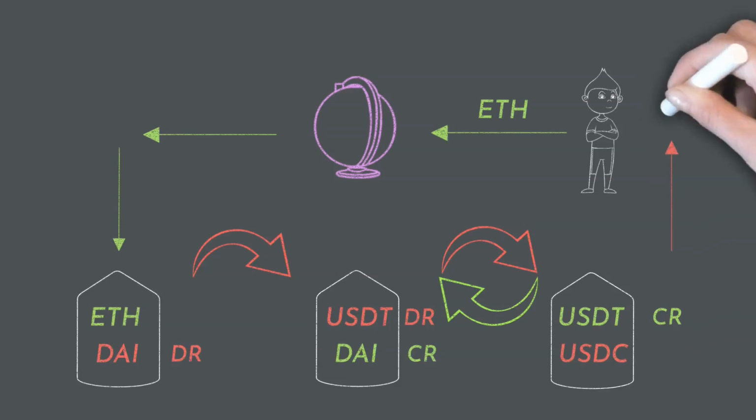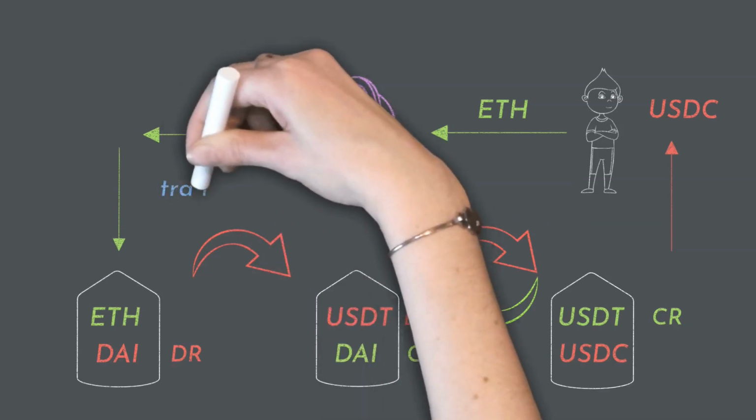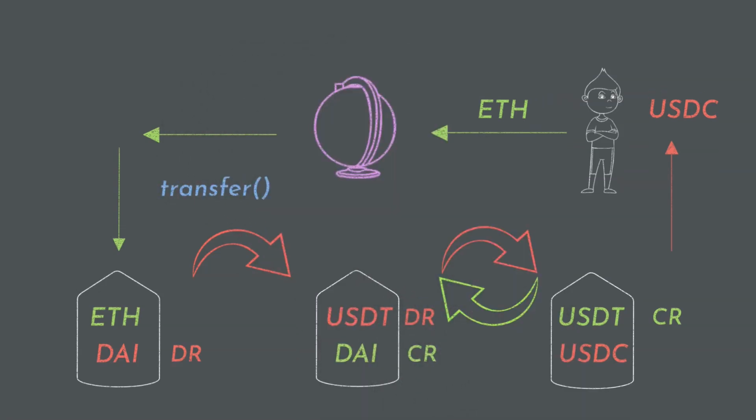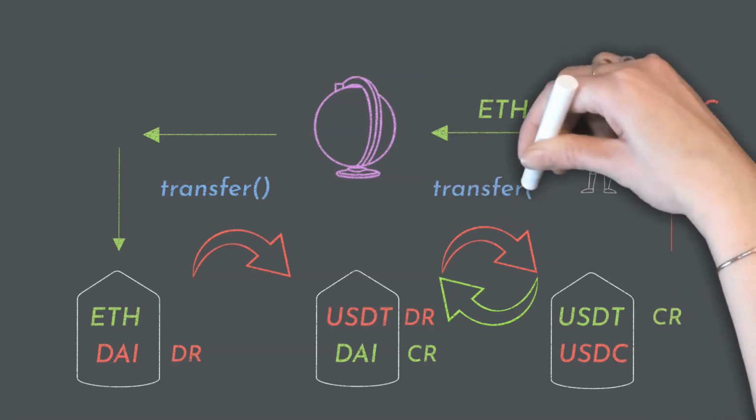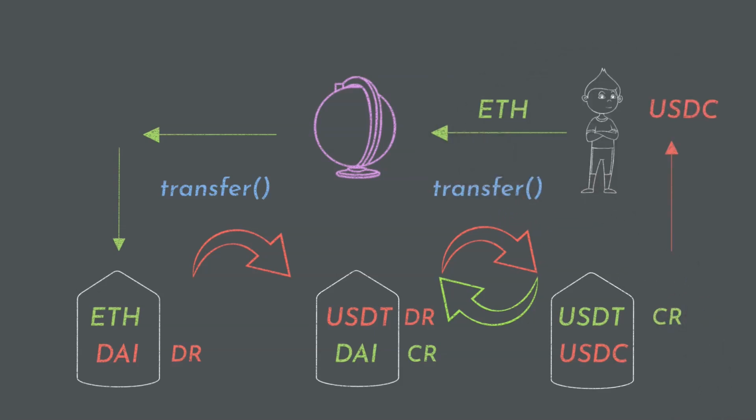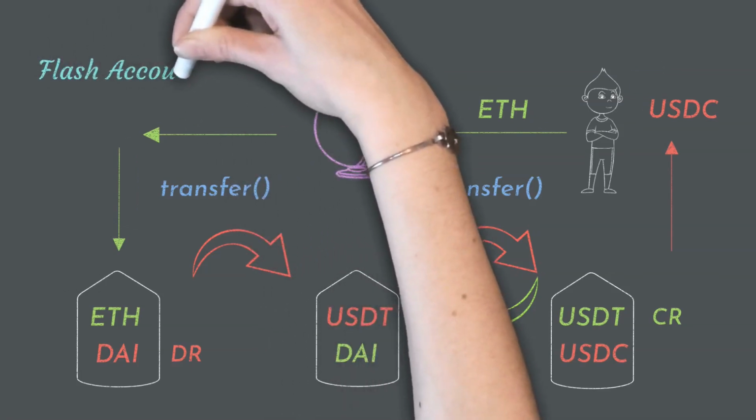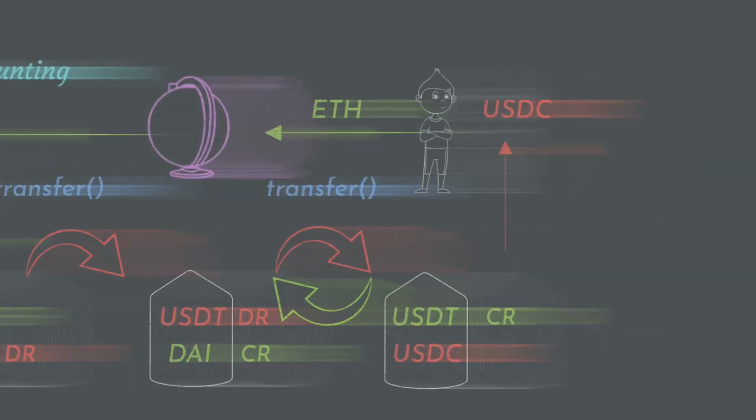The swapper finally receives the USDC from the USDC and USDT pool. Throughout these steps, Uniswap only updates balances internally without calling the actual transfer function on the DAI and USDT contracts. It's like bookkeeping on each pool involved in the swap. This efficient internal balancing is what Uniswap calls flash accounting.